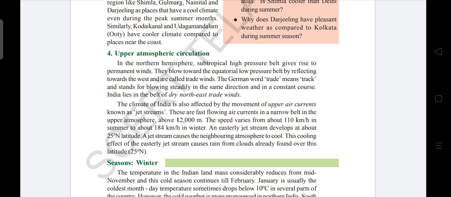And India lies in the belt of dry northeast trade winds.